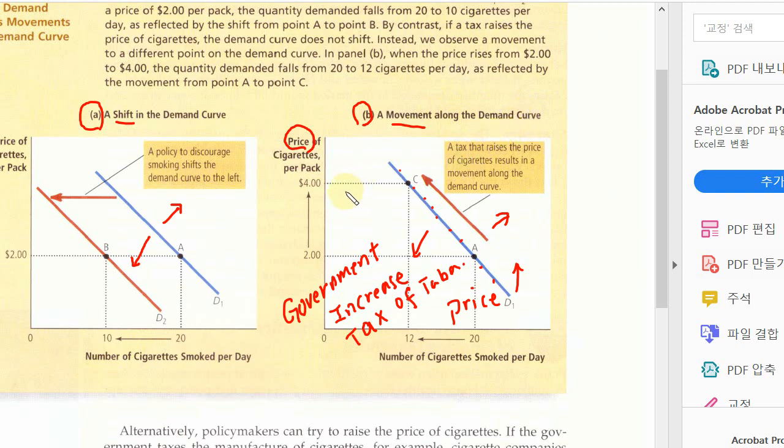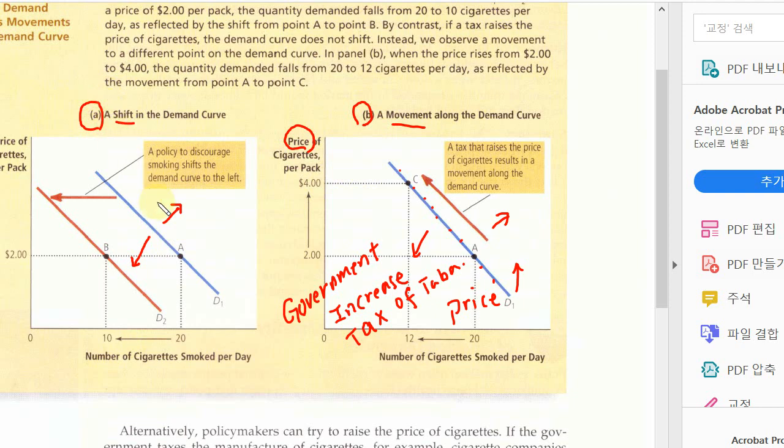In case of a price variation, once the demand moves along the demand curve, the cause of the movement is price. But in this case, the left illustration is different. This is different from B.